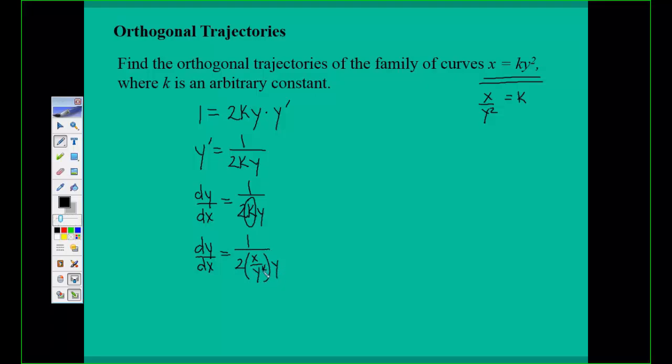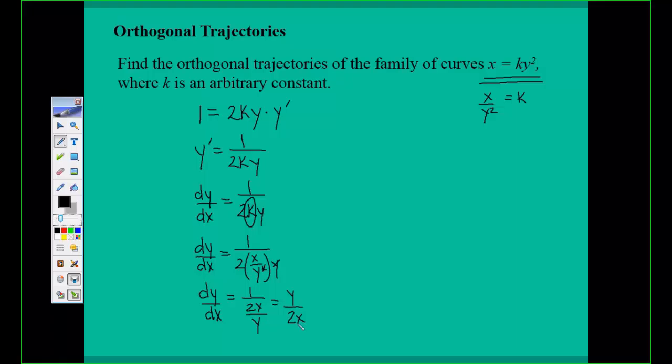And we can see this would simplify to dy/dx equals 1 all over 2x divided by y, which is equivalent to y divided by 2x.